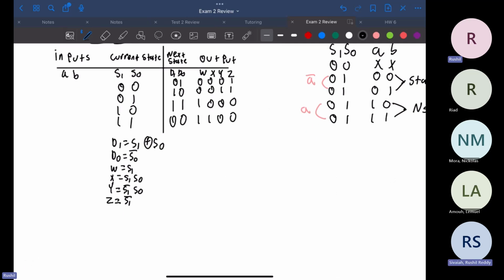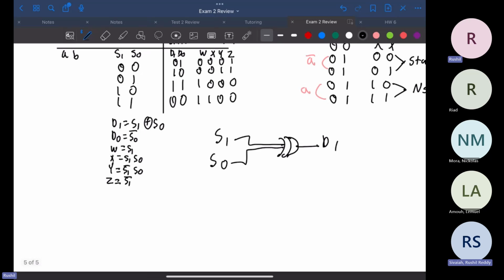Yeah. All right, guys. I'm going to quickly make the circuit because it won't take that long. So we'll have S1, S0 here, and then our exclusive OR. This is equal to D1. I'm going to keep it as D1 for now, but we'll change it in a second. And then D0 is equal to an inversion right here.